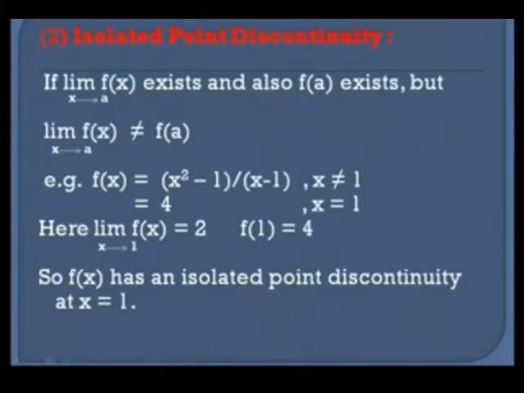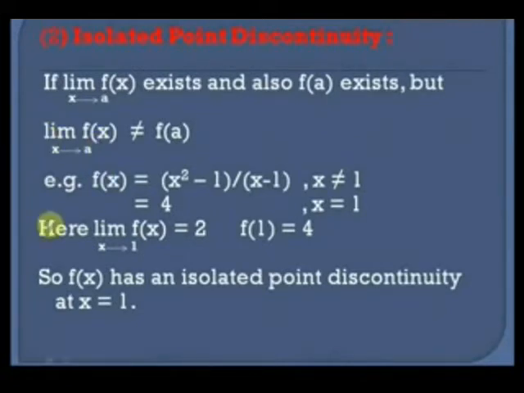The second is the isolated point discontinuity. Here the limit of f(x) when x tends to a exists, and also f(a) exists, but the limit of f(x) when x tends to a is not equal to f(a). So the limit exists and f(a) is defined, but it so happens that the limit is not equal to the value of f(x) at the point x equal to a.